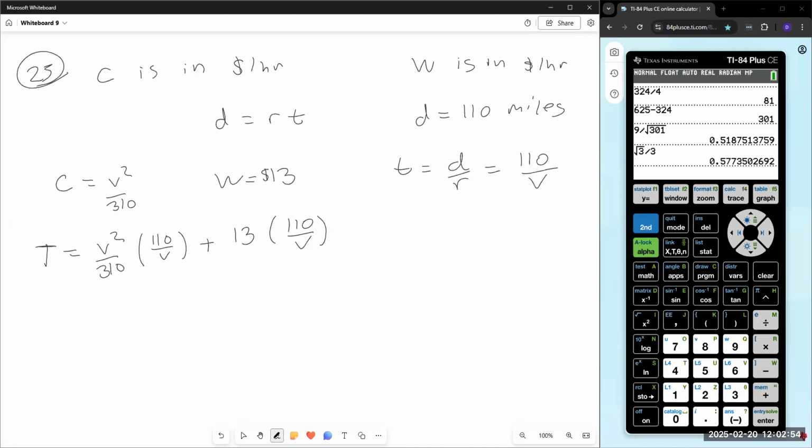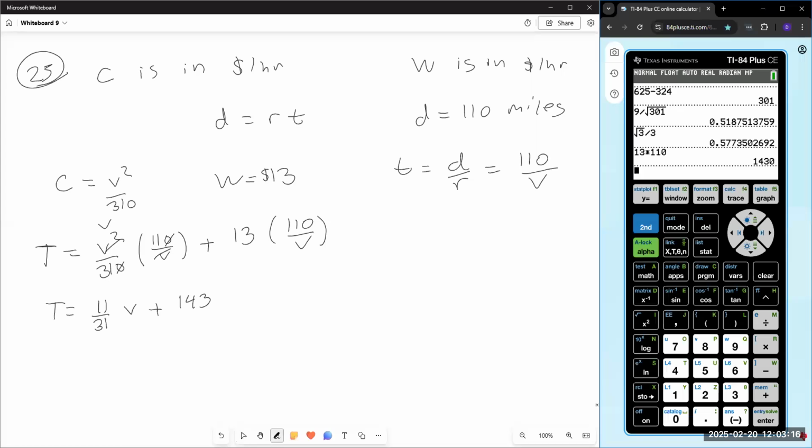And we'll reduce some fractions here and we'll get T is 11 over 31 V plus 1430 over V, since 13 times 110 is 1430, for my total cost T. Since I already used the variable C, I'll just use T for my total cost.